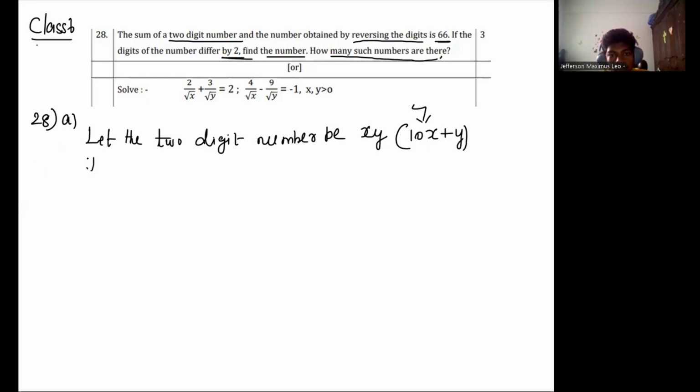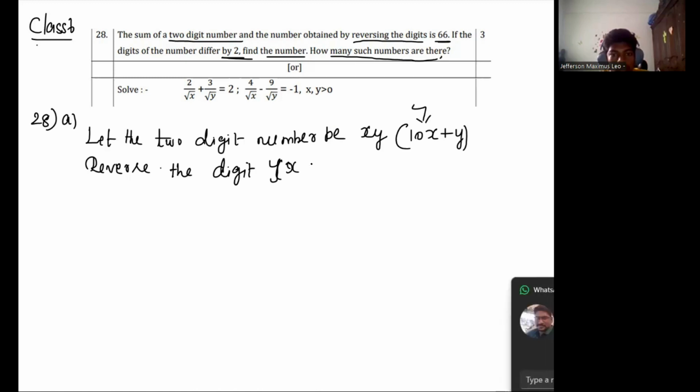So write the reverse number now. Reverse the digits means it will be yx. Inside the calculation, it is 10y plus x.